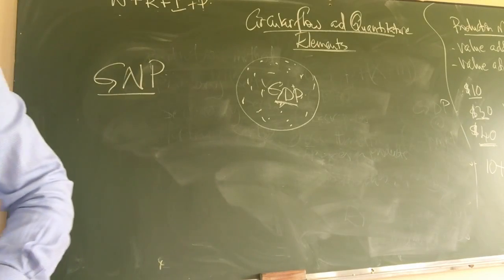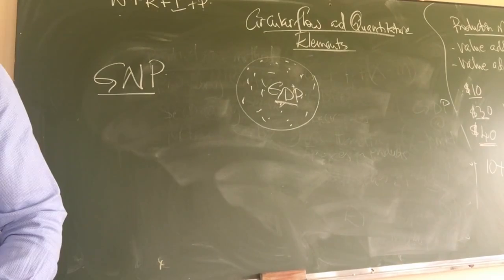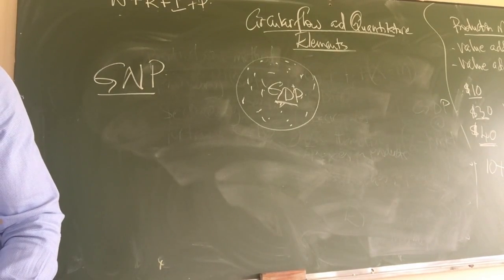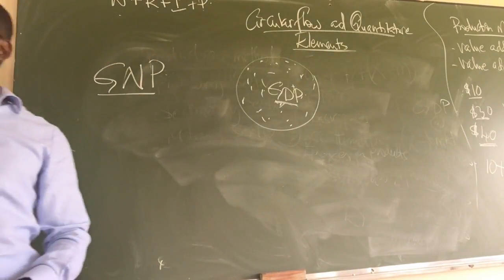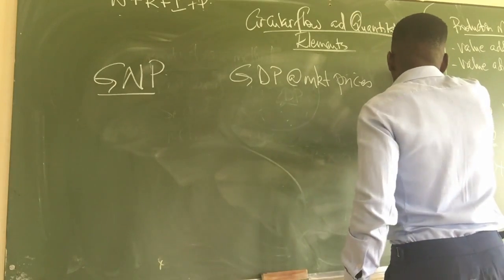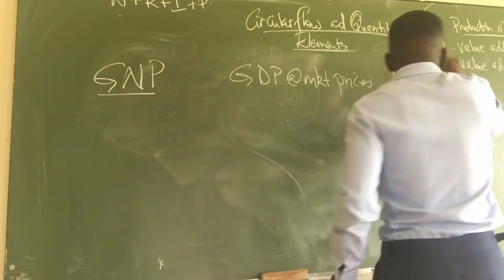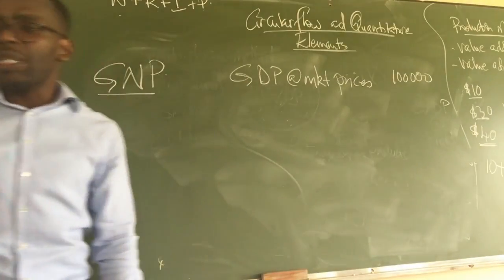Now let's look at the mathematical side of it. We are going to say GDP at market prices. GDP, maybe the value is 100,000. I'll just put this 100,000, right?